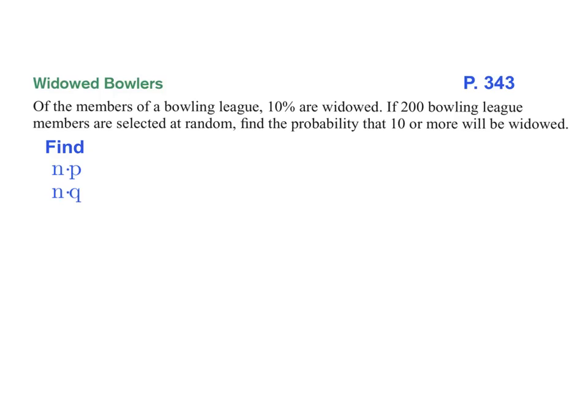All right. So we need to find np, and we already said n was 200, and p was 10%. So that's 200 times 0.1, which is 20. So that's greater than or equal to 5. So we keep going. The probability of failure, 90% are not widowed. So that's going to be 200 times 0.9.